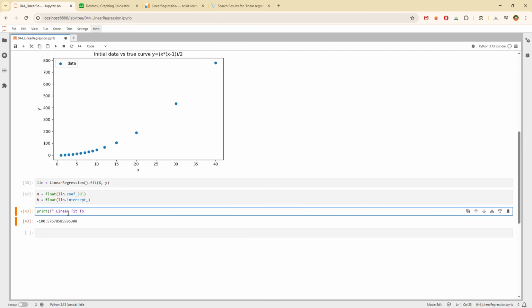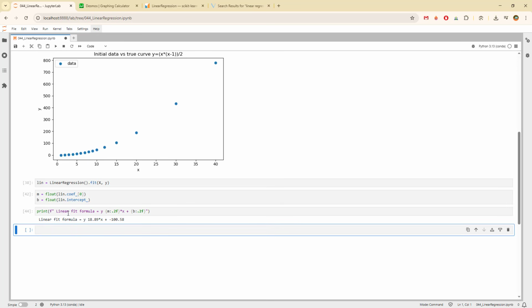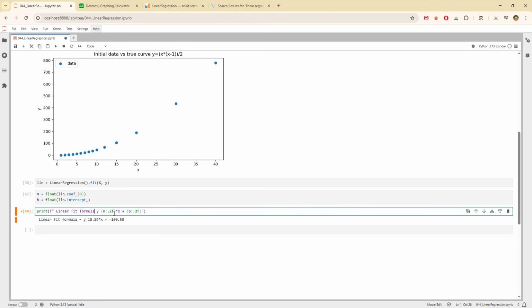Linear fit formula equals y equals m dot 2f, this means up to the second decimal, times x plus b 2f. Yeah, pretty much. Something like this.